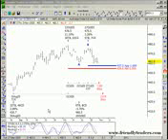While no oscillator is perfect, you can see this oscillator and the oscillator setting that I'm using, for the most part, correlates well with the highs and the lows of the market.